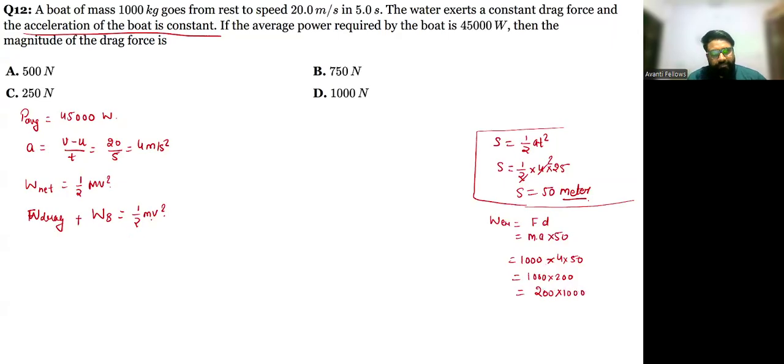Now, if you calculate the work done by this, the final expression is 1 by 2 times 1000 into V square. V square we are having as final velocity is 20 meter, which means 20 into 20. Again, you are seeing here that it is coming out as 200 into 1000.